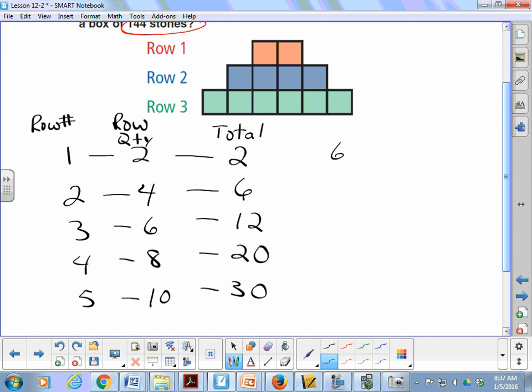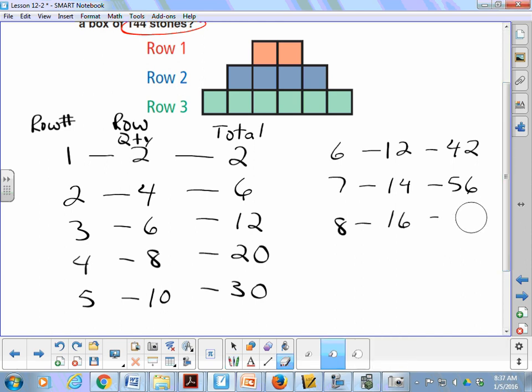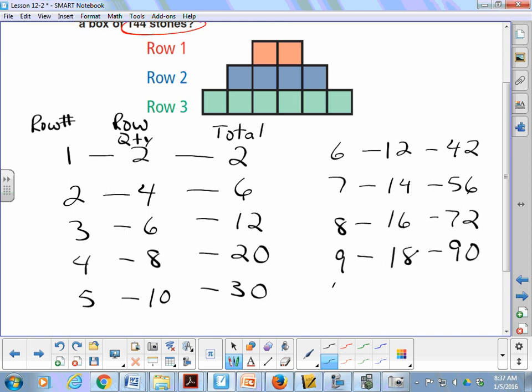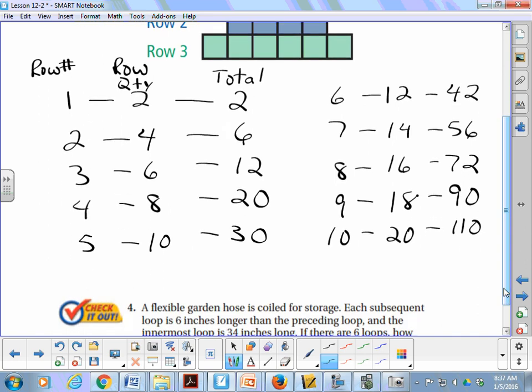So row 6, 12, 42. So we can do 11 rows of stones.